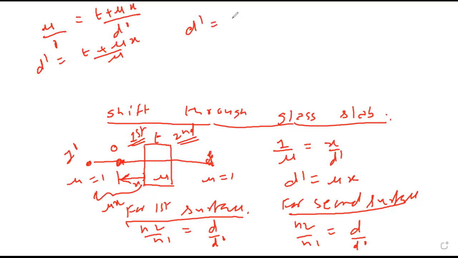Therefore d dash equals t upon mu plus x. This is final. Okay, this much will be written, then later we will find how much the shift is.